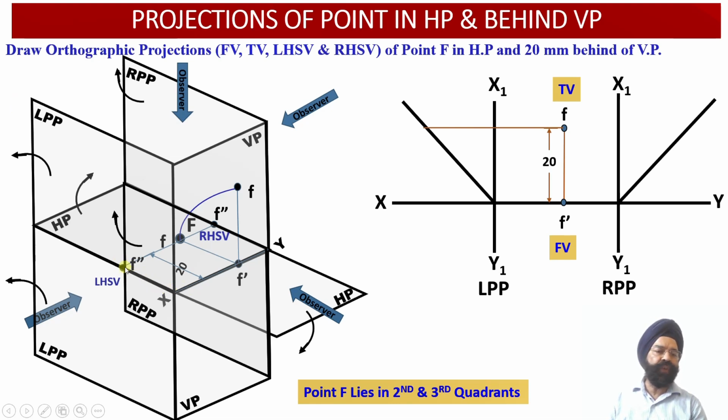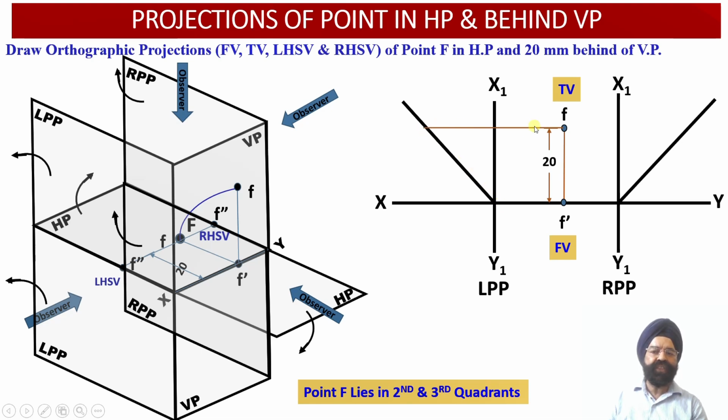This distance of 20 millimeter behind the vertical plane we will be able to obtain once we draw a horizontal projector line through this plan projection point F onto this transfer line, so that this distance, which was 20 millimeter behind the vertical plane, will be transferred into the profile plane using this transfer line.